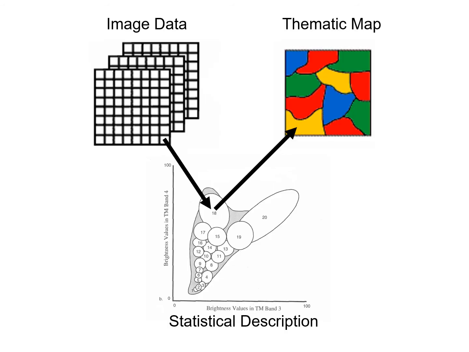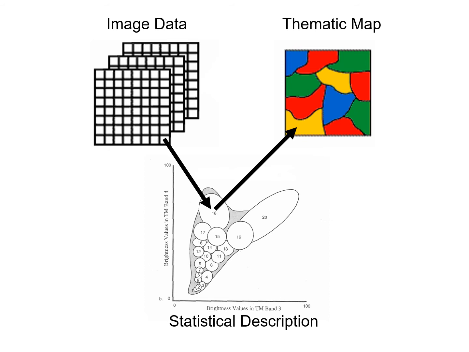So conceptually, here's an image. You're starting with the original, in general, multispectral image data. You're developing a statistical description of what the relationship is between those spectral values and some classes that, in this case, have been assigned using an unsupervised classification. So that space there is just, as usually, I plot brightness values in TM band 3 versus brightness values in TM band 4.